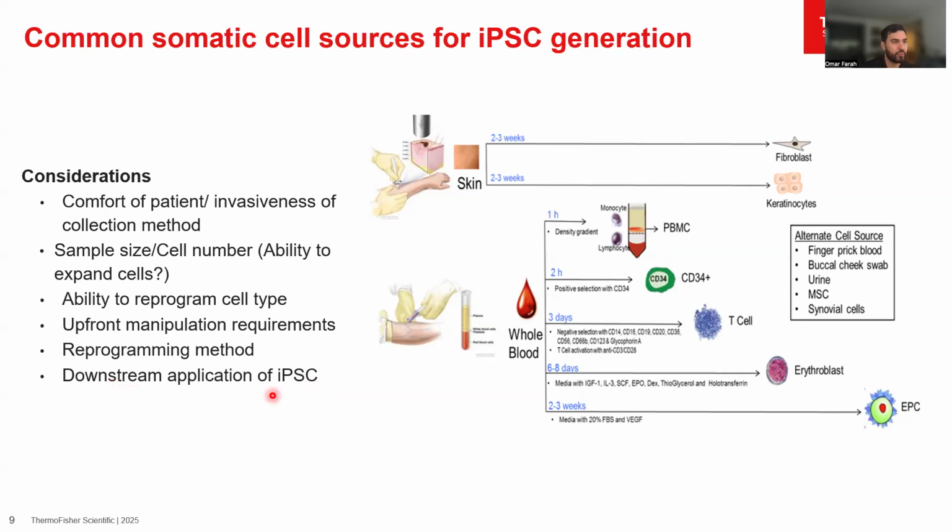This is very important, and there's some really nice evidence in the literature to indicate that once you reprogram a somatic cell into an induced pluripotent stem cell, that induced pluripotent stem cell maintains a tiny bit of memory that allows it to differentiate back into the original somatic cell source a little bit easier, right? So again, downstream applications might be another consideration of your cell source in the beginning.